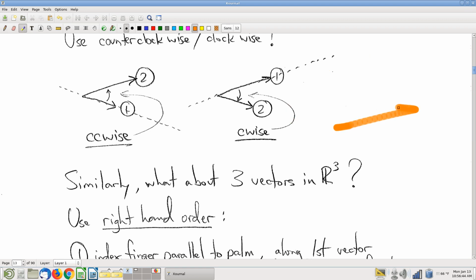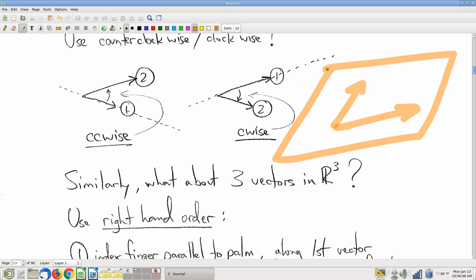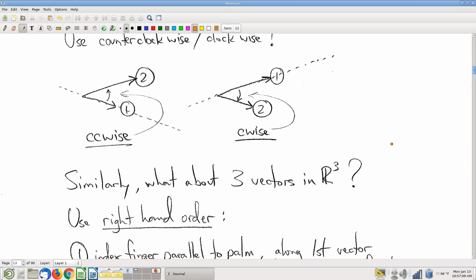Sometimes, first vector, second vector, here's the plane that they define. Sometimes that third vector might be 0, or it might be one of the original vectors, or parallel to one of the original vectors, or it might be just parallel to that same plane. So again, there are exceptions where it's neither right nor left-hand order. Usually not.